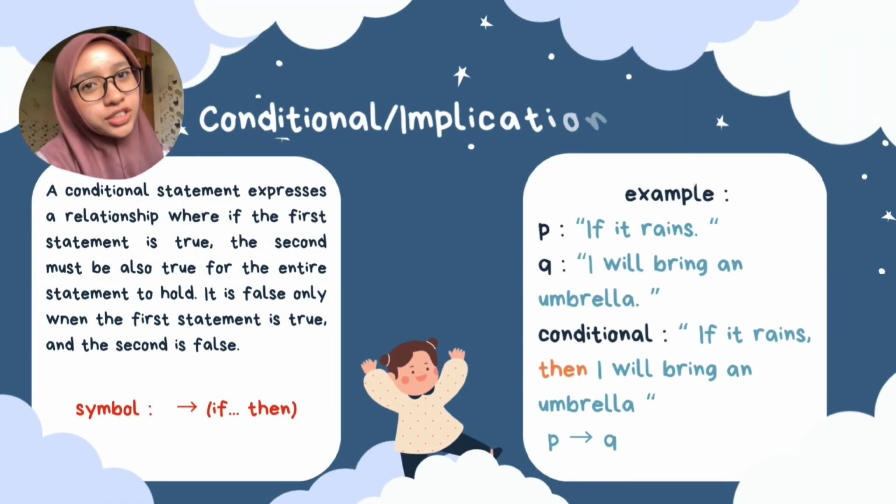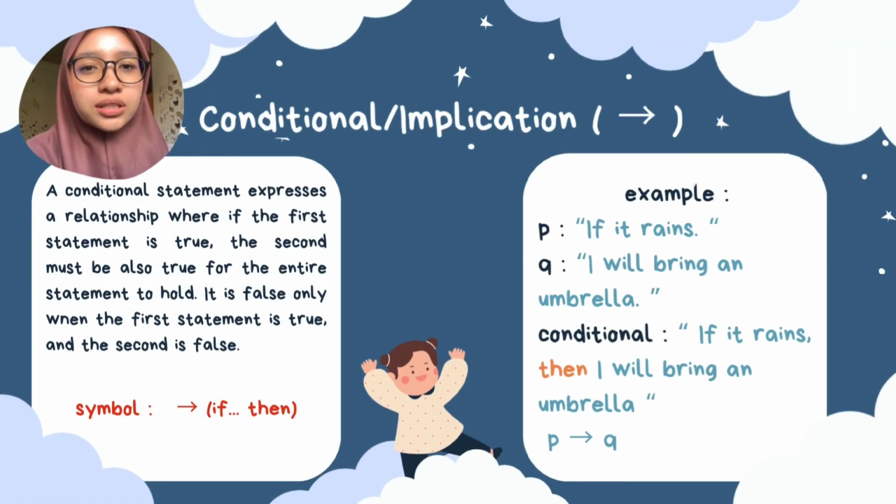Let's talk about conditional statements in logic. A conditional statement is used to express a relationship between two statements. It's written in the form if then, where the first part is the condition and the second part is the result or consequence.